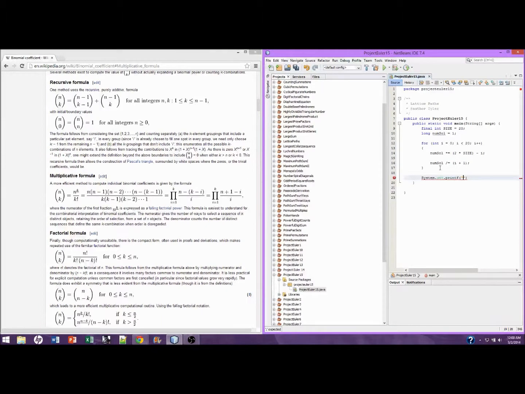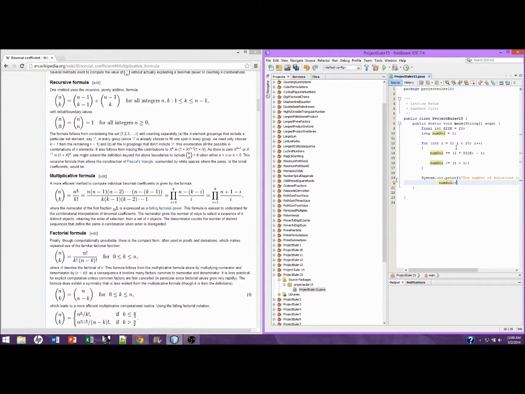So system.out.printf, the number of solutions is... I'm going to try and go through this one more time and explain it to you. This is just our grid size. This is how many solutions we're going to have at the end.